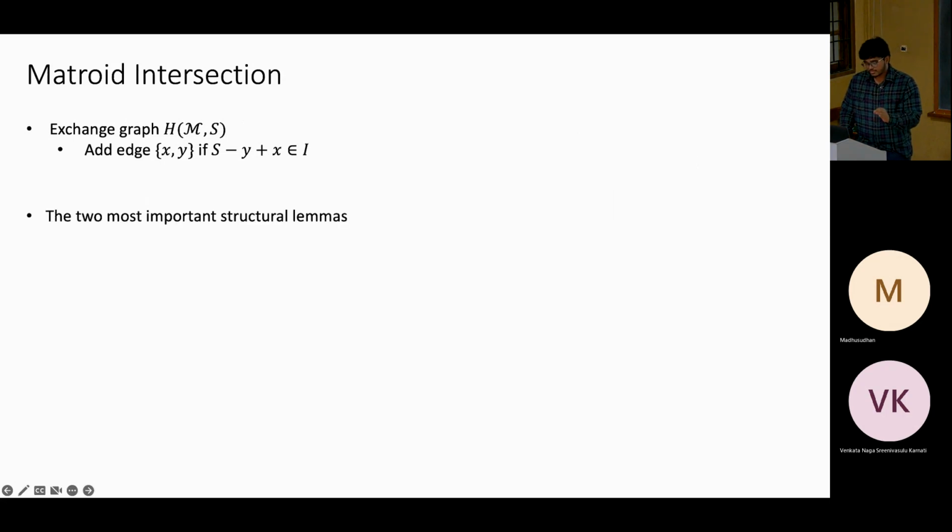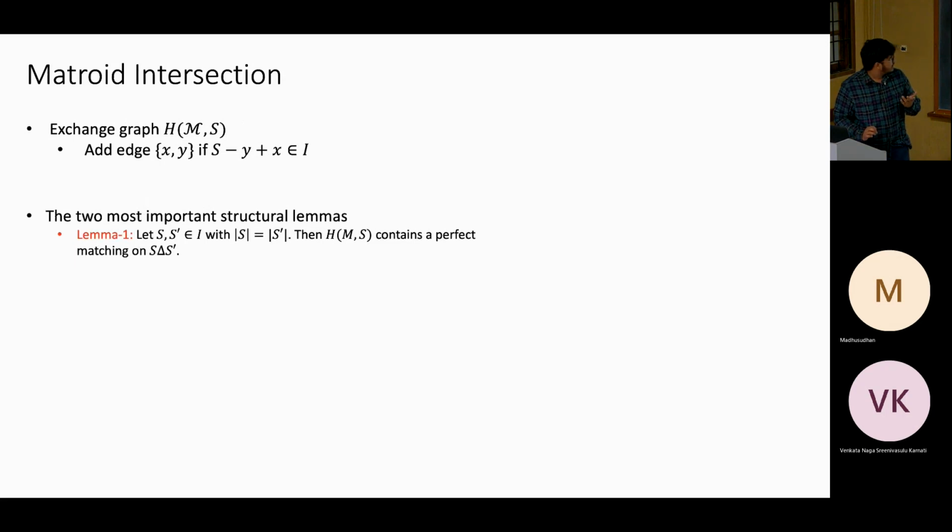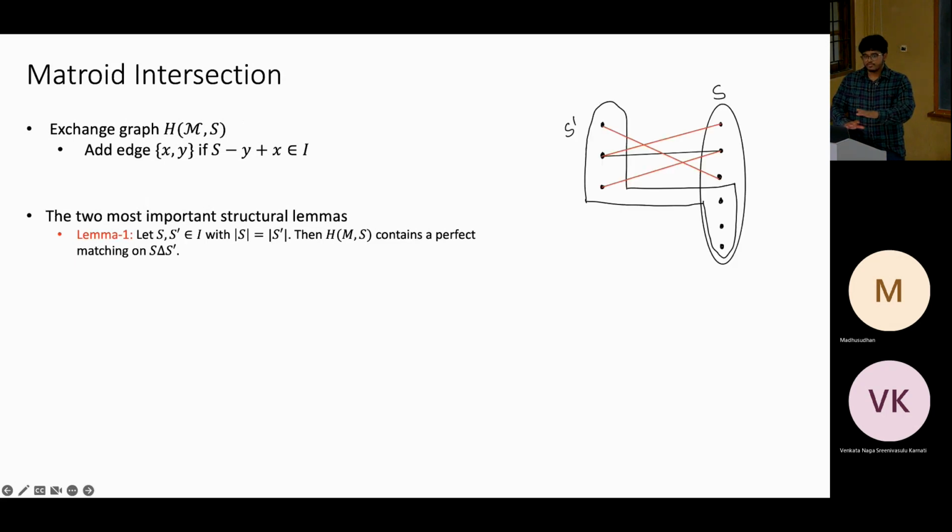The two most important structural lemmas are the ones we keep using in weighted max weight intersection, to show that we're already at the optimal solution, or that you can move from one solution to a better solution.